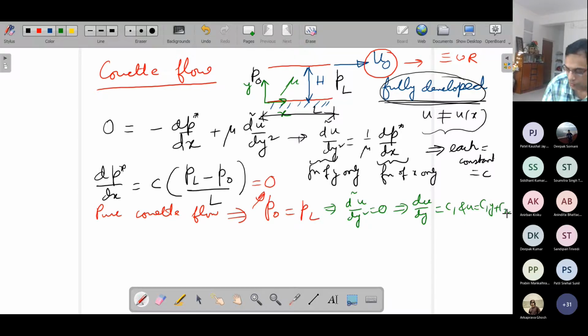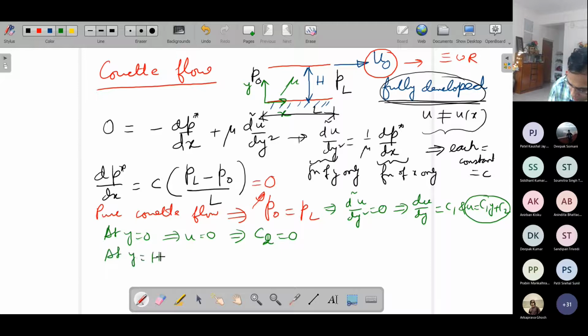Now we can apply the boundary condition. At y equal to 0, the bottom wall, u equal to 0. If you put it here, you will get c2 equal to 0. And at y equal to h, that is the top plate, u equal to u0.